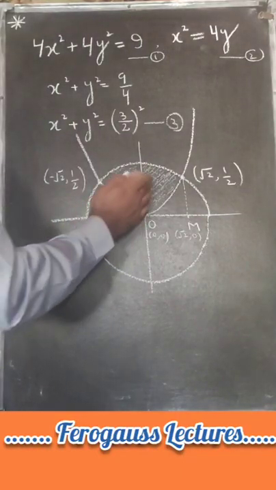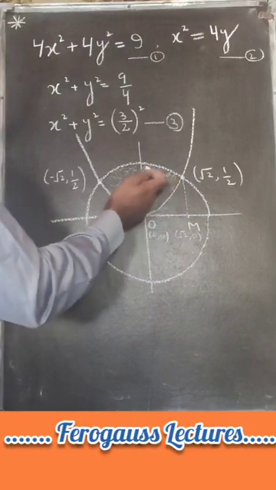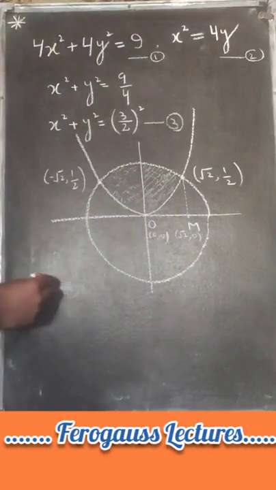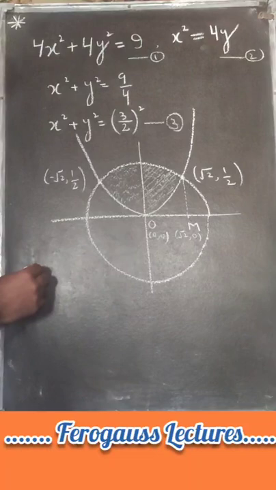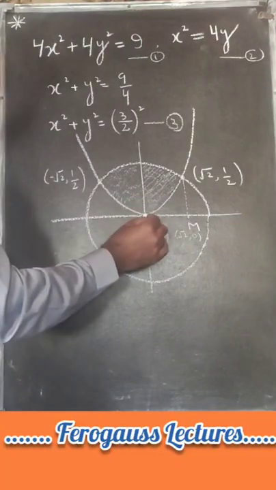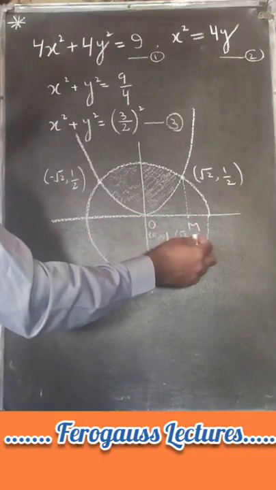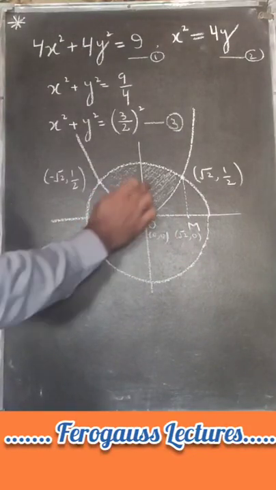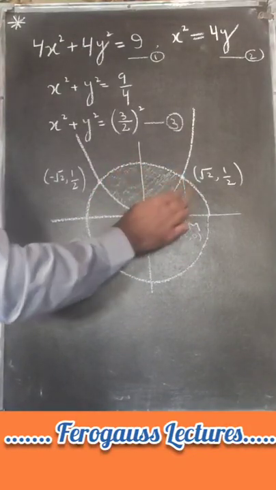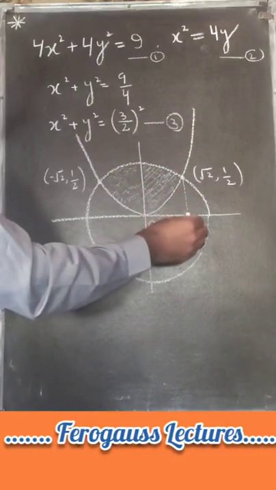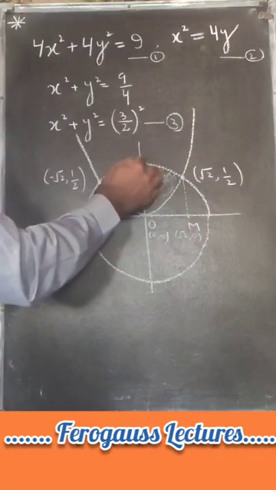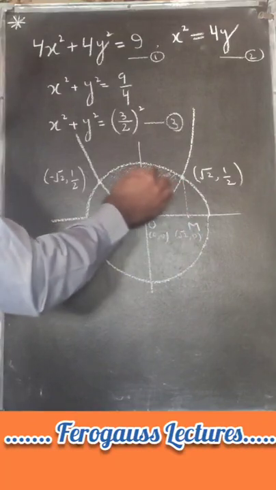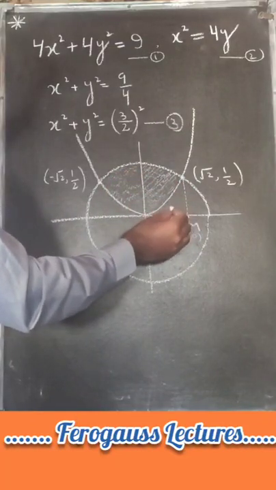Now we have to find this area, that is the area in the first quadrant. We will integrate from 0 to square root of 2, and we'll first find the area under this curve, that is under the circle, from 0 to M. Then we'll get this area, the whole area, this area plus this area.